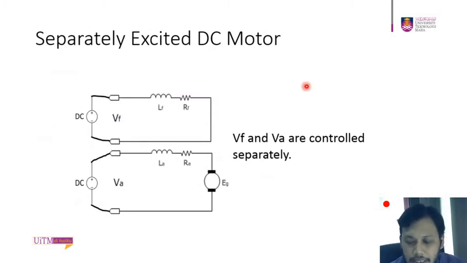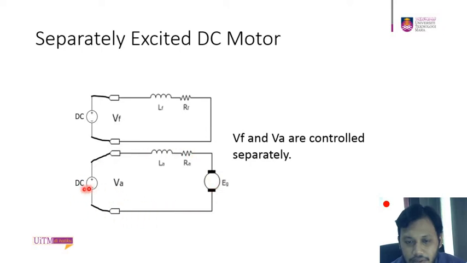So here is the diagram of the separately excited motor. At the upper part is the field part, the field connection, a direct connection to the power source. You have LF and RF in one loop here, and the lower diagram is the armature circuit.